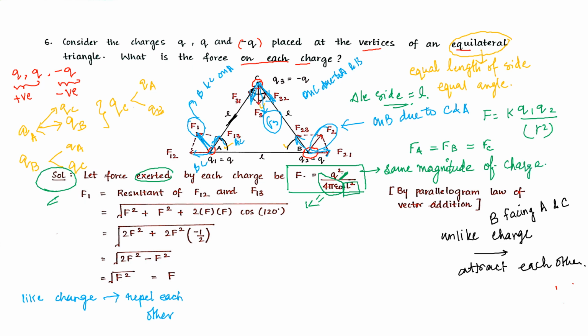And from where did the L square come? L square is the length of the side of the triangle, which is the distance between the two charges under consideration.